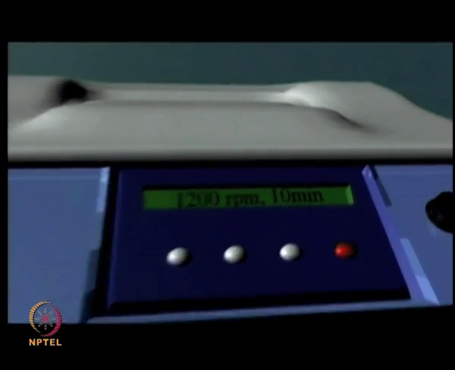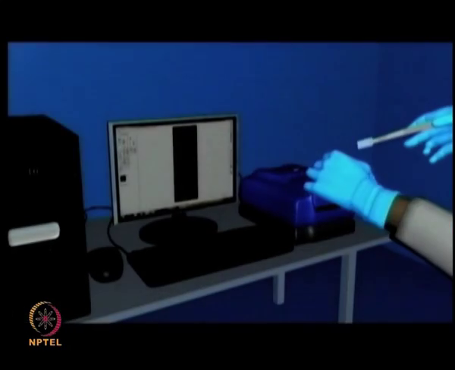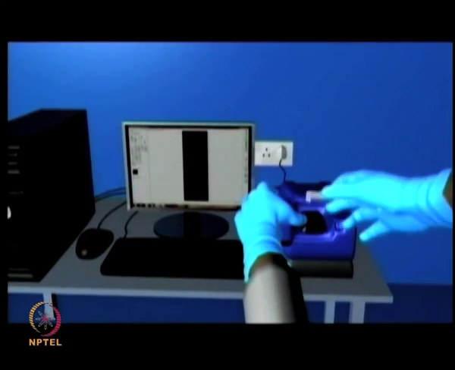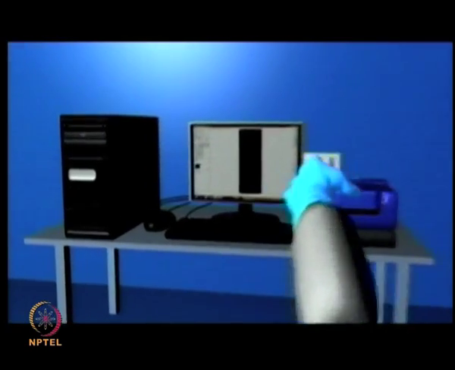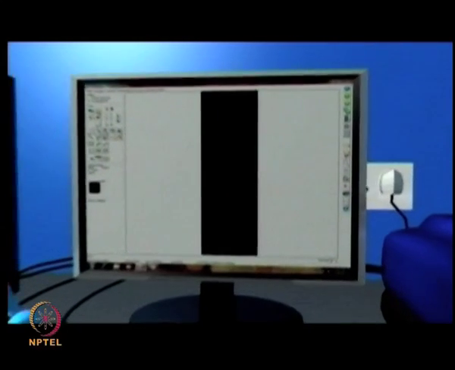Once the slides are dried, they can be scanned at the appropriate wavelength. This gives you a glimpse of an overview of a microarray experiment, which is shown in the 3D animation here. But depending upon your biological question, various types of modifications can be made.